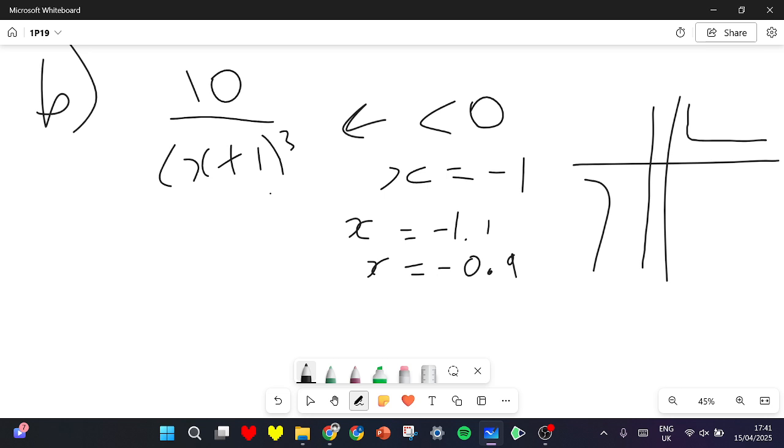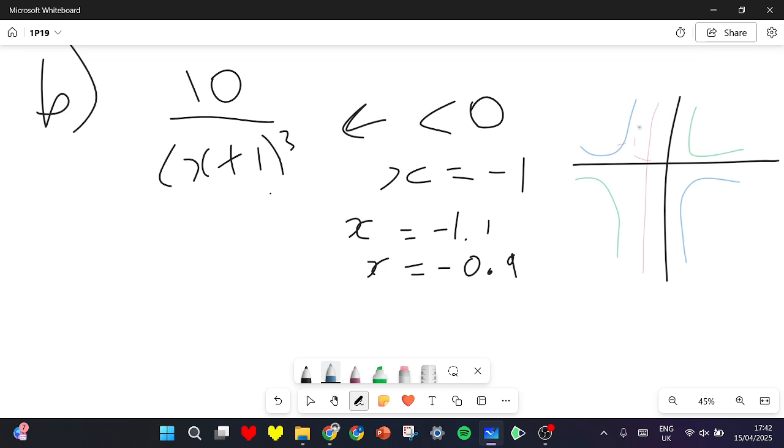Wait, let me redraw that. We know that the asymptote is going to be at -1. And then we just don't know if the graph is going to look like one where it's like that, or, let me use another color, one where it's like this.